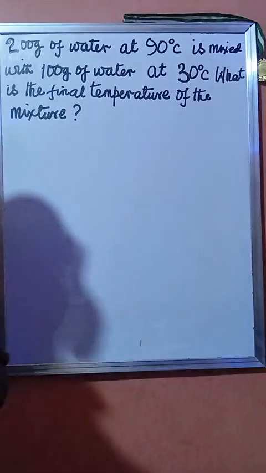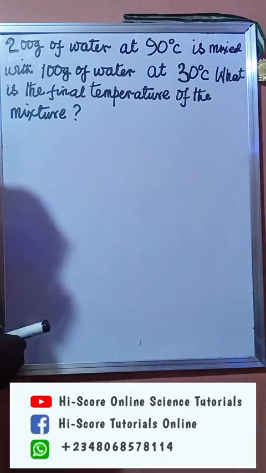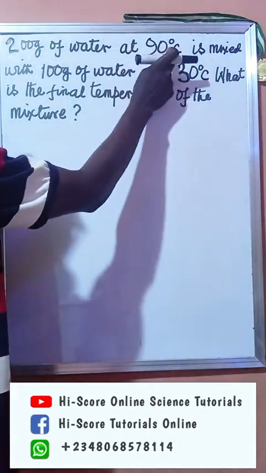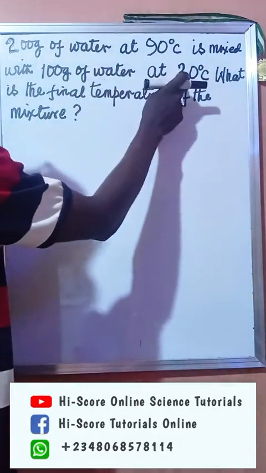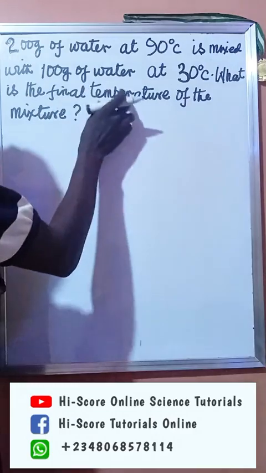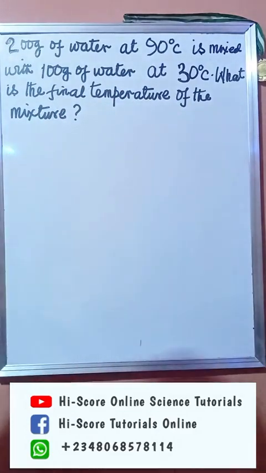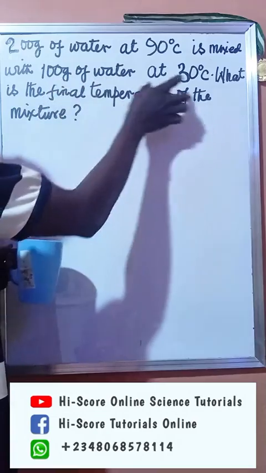All right, lovers of physics, let's do this again. We have this question that says 200 grams of water at 90 Celsius is mixed with 100 grams of water at 30 Celsius. What is the final temperature of the mixture? We have some cold water here, which is 100 grams, and the temperature is 30.